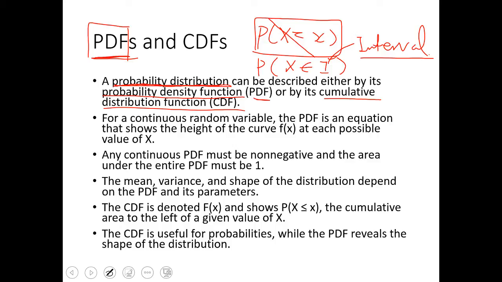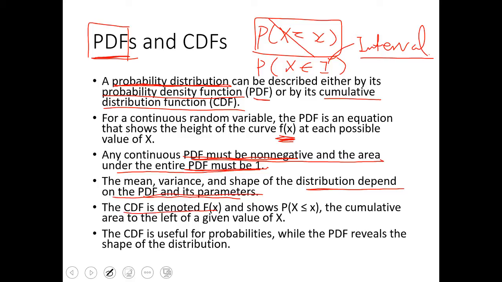The probability density function must be non-negative, and the area under the entire PDF must be 1. We denote the probability density function as small f. The mean, variance, and shape depend on the probability density function.